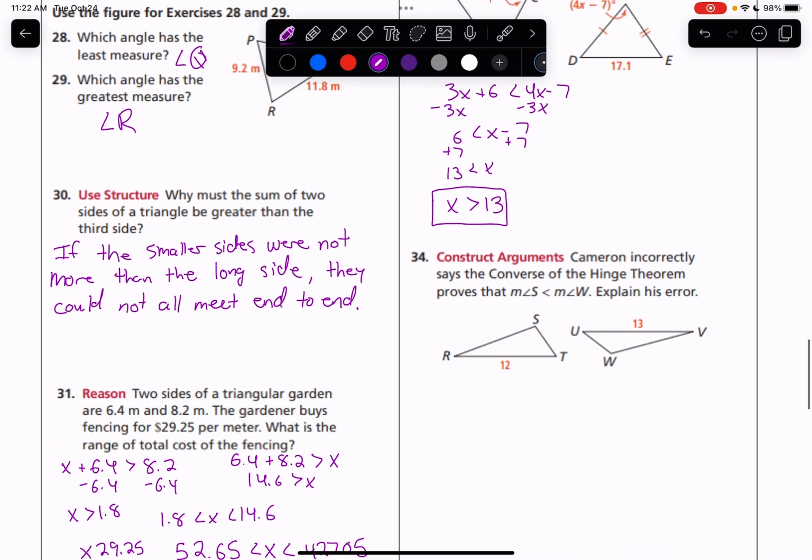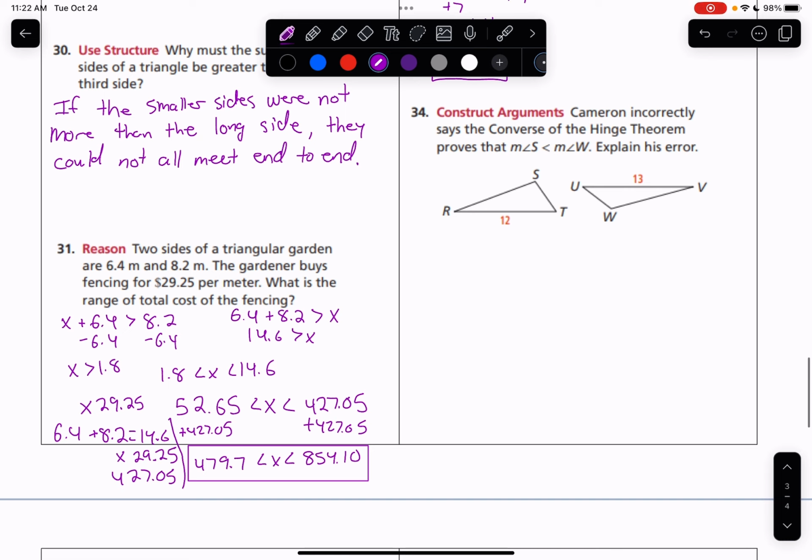Number 34, Cameron incorrectly says the converse of the hinge theorem proves that the measure of angle S is less than the measure of angle W. If we knew the side lengths TS and RS and UW and VW, and if we knew that those side lengths were congruent in both triangles, then we could use this. But we don't know that those side lengths are congruent in both triangles. That's not information that's been given to us.